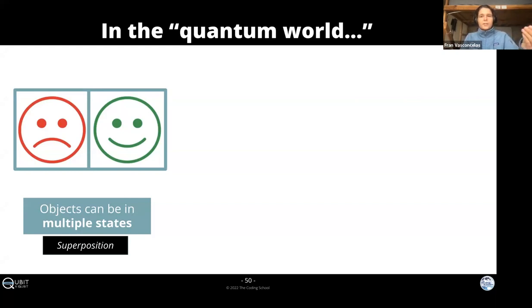The common popular science example is Schrodinger's cat, where you have a cat that's both dead and alive. You can imagine someone being both upset and happy. Those are two different possible states. In terms of position, you could imagine something simultaneously being in one place and another, and so forth.